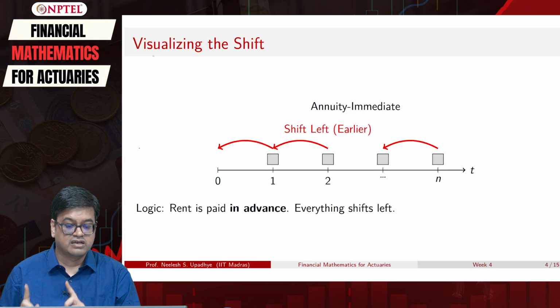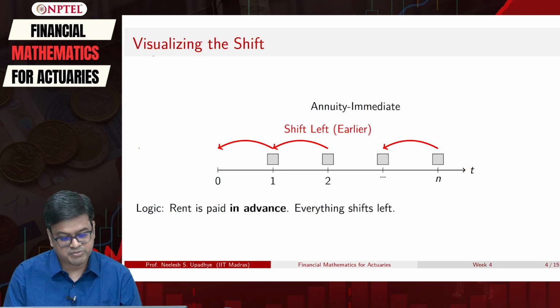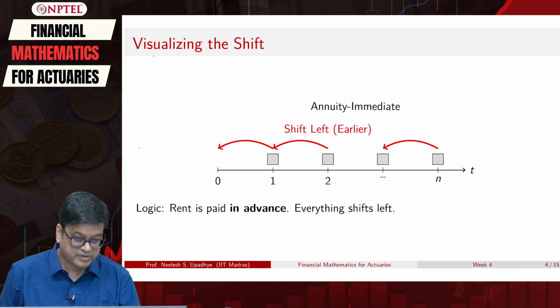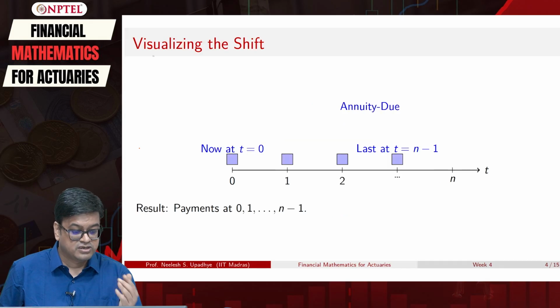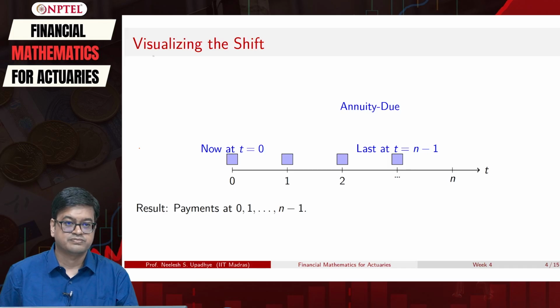Now when you want to shift left, that is, shift all these payments to the beginning of the period, because the rent is paid in advance, everything shifts to the left. Once everything shifts to the left, you are at t is equal to 0 and your last payment is at t is equal to n minus 1. This particular structure is annuity due. So you have annuity immediate and annuity due.